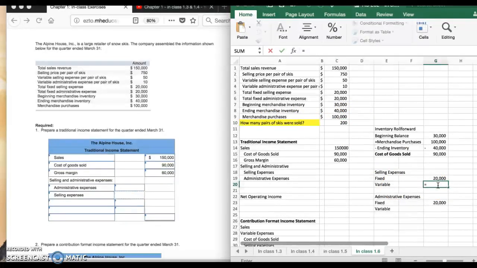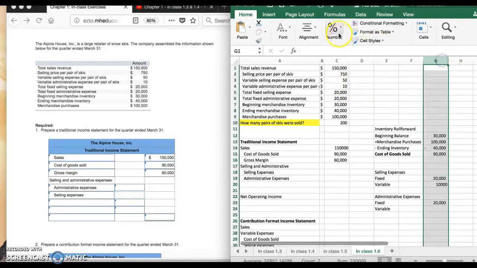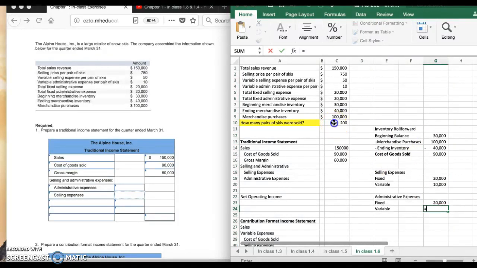So now we can take the number of skis that we sold times our variable selling expense per pair of skis, for both selling and administrative. So 200 pairs of skis times our variable administrative expense per pair is $2,000.